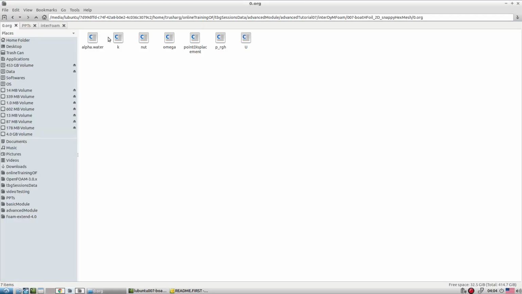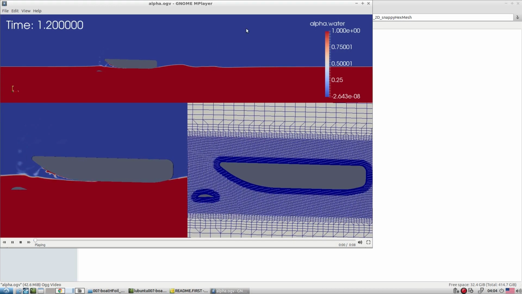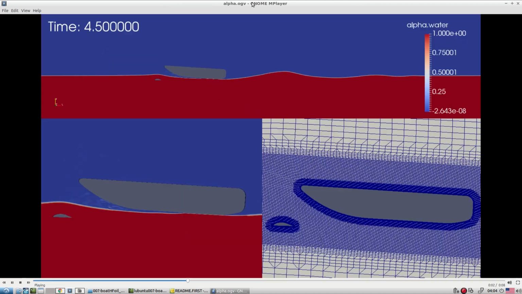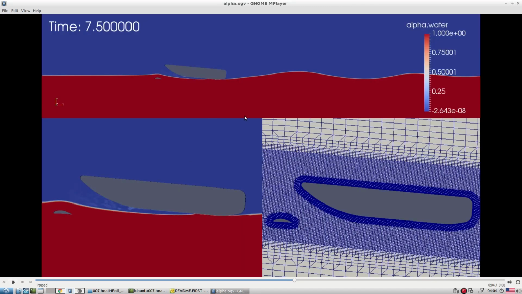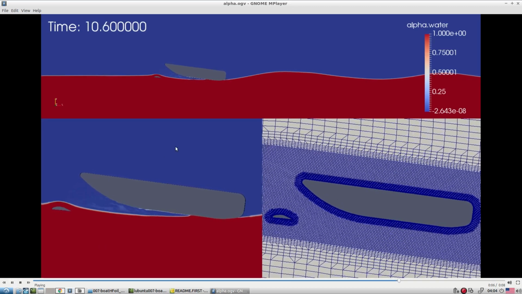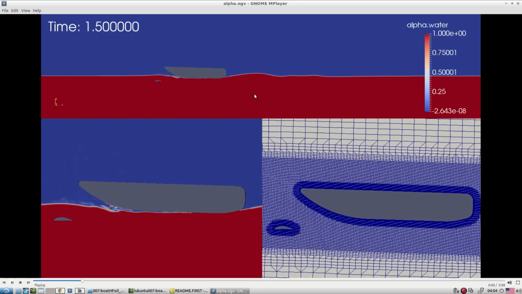But after the simulation is over, if you see the data, something like this we are supposed to see. From the left side the water is entering and passing over this hull and the aerofoil, and depending on its mass and moment of inertia, it tries to trigger the wave, and that wave is going to travel to the backside.